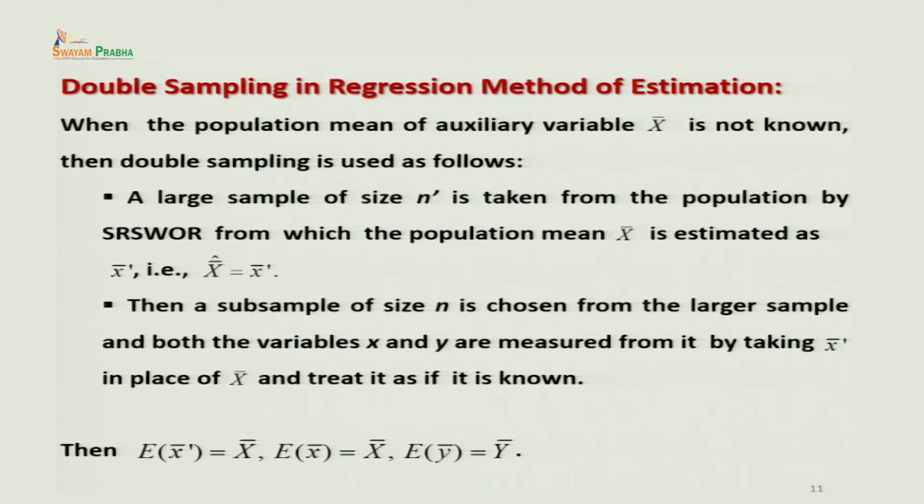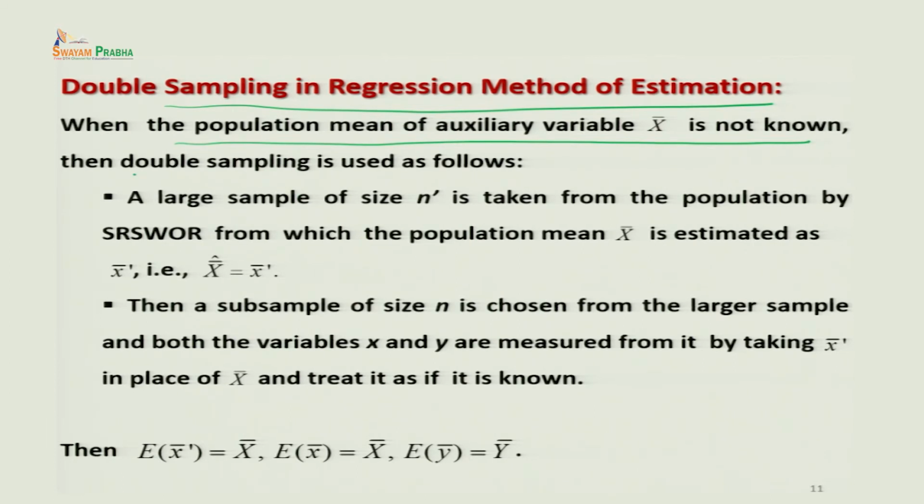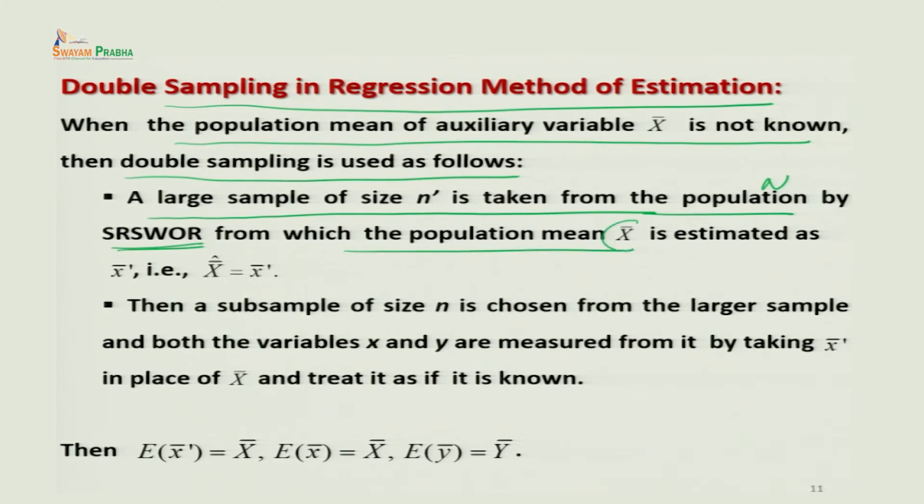So, now we consider the double sampling in regression method of estimation. When the population mean of auxiliary variable capital X bar is not known, then once again we are going to use the double sampling in the regression method of estimation, and for that we follow the same thing, that we try to obtain a large sample of size small n prime from the population of size capital N by simple random sampling WOR, and then we try to estimate the population mean capital X bar by the sample arithmetic mean.